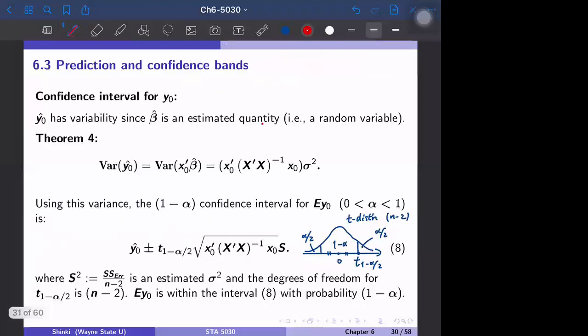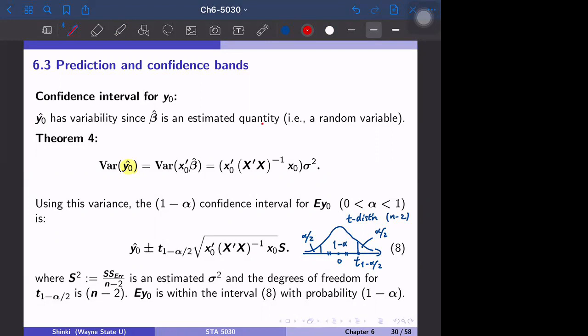So next, how to calculate the confidence interval for y0. Basically, the intercept is denoted as y0 hat, because y0 hat is the point on the regression line. So this is the important quantity to construct the confidence interval.